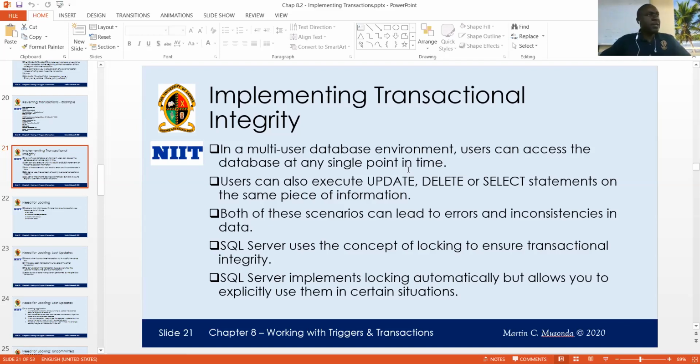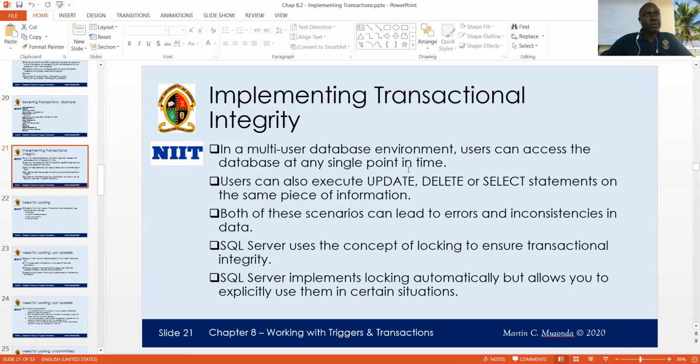Again, this will answer the question that Gift asked about why, when I was giving an illustration on a transaction, the first time, the second query was kept pending until we had committed data in the first transaction.